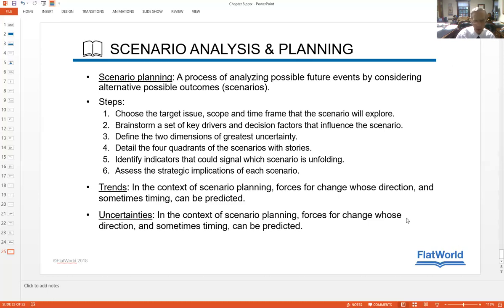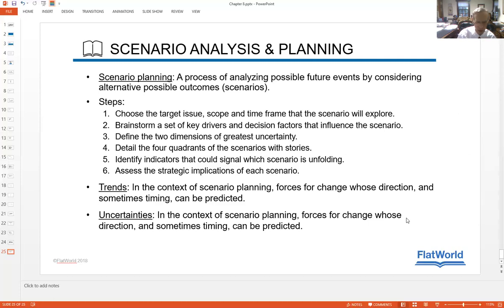Then this word brainstorm, I don't like that word at all, but we identify what the drivers, what the key variables are going to be that are going to be the decision-making criteria in this particular scenario, and try ultimately to get it as specific as possible.